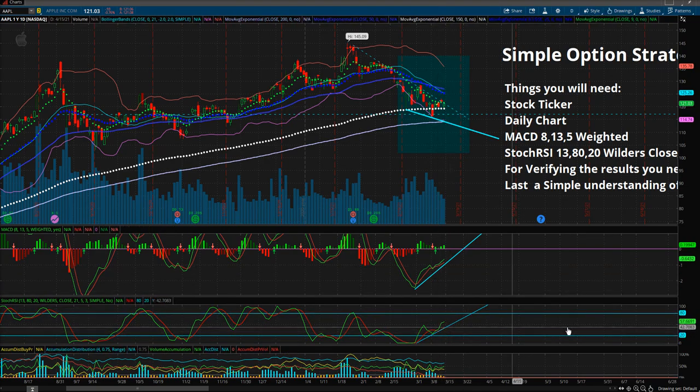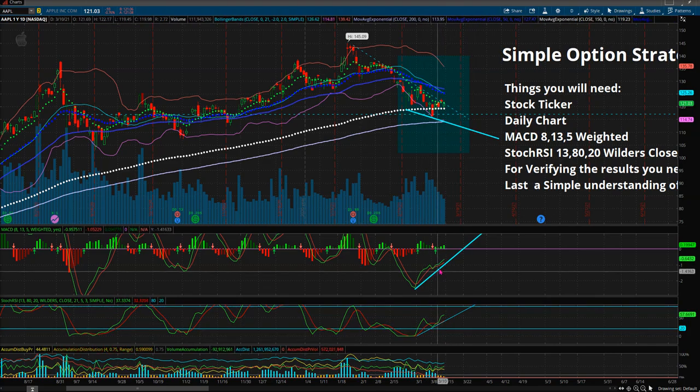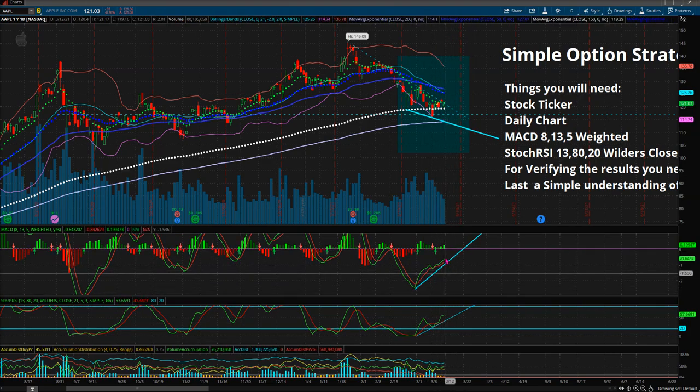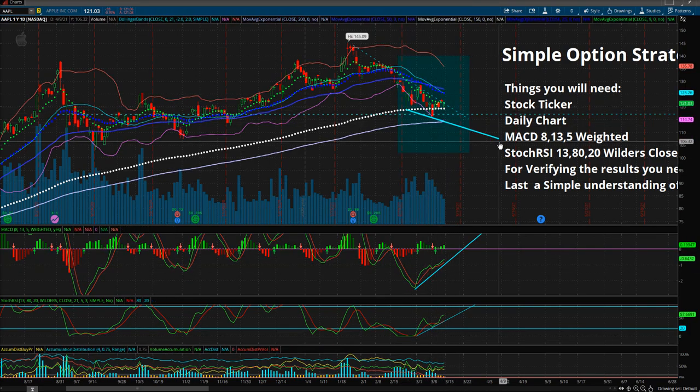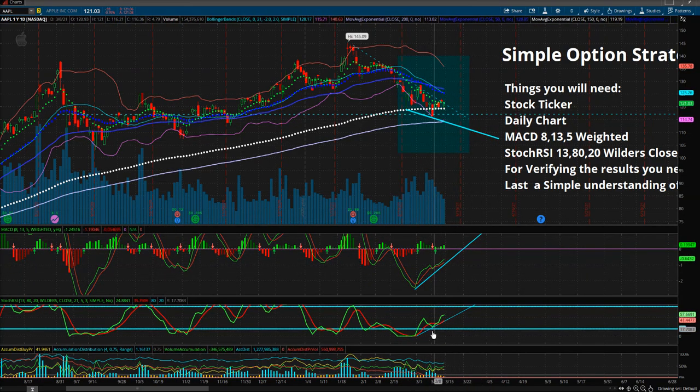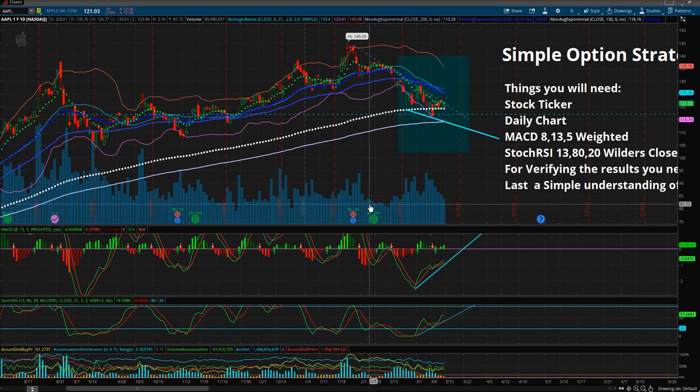Same thing with this one right here. Mouth is open. So when the mouth is open, the green's on top, that means it's going up. It's very bullish. So that's your second confirmation to this. So divergence, mouth open, with the divergence on both.